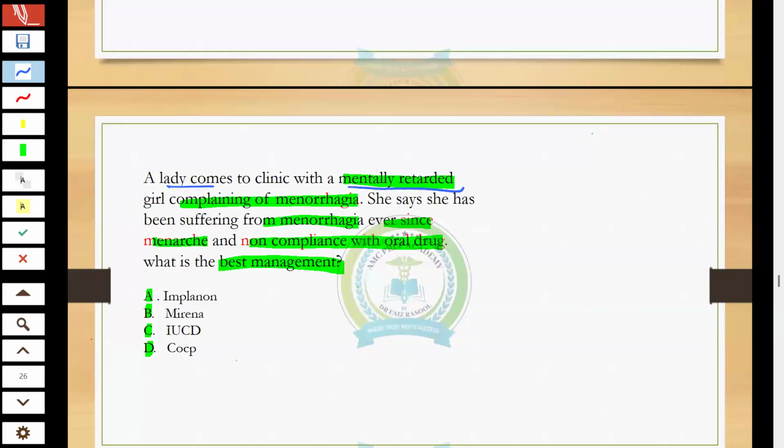So doctors, focus: the patient is mentally retarded, complaining of menorrhagia. Extremely important words to make your diagnosis. And non-compliance with OCPs, oral drugs. What is the best management? These are our clue points.